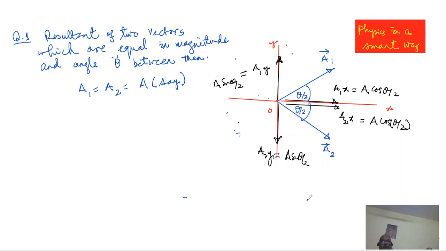So the four diagrams I have drawn while explaining the component method, I have made the diagram 1 and 2 combined together, and that is the resultant diagram. I am using different colors, so you won't have any problem.